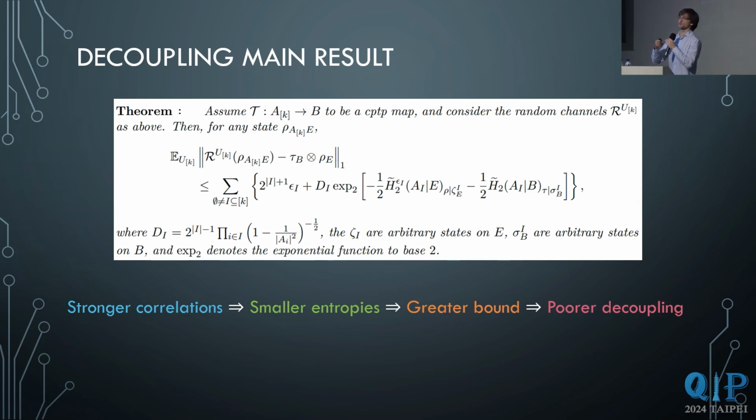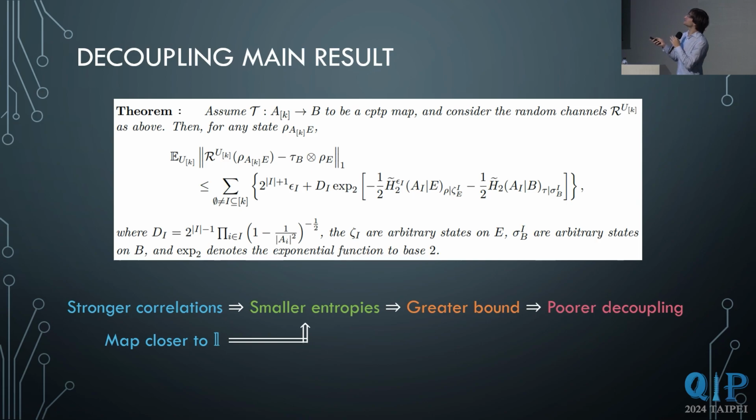That stronger correlation will make decoupling more difficult, and also if the map is closer to 1, so doing virtually nothing to the input state, it also results in a smaller entropy, so in poorer decoupling, which also makes a whole lot of sense. But the takeaway idea is that with that very simple trick, we can generalize the single user version of decoupling to a multipartite version, so to this multipartite quantum version, right?